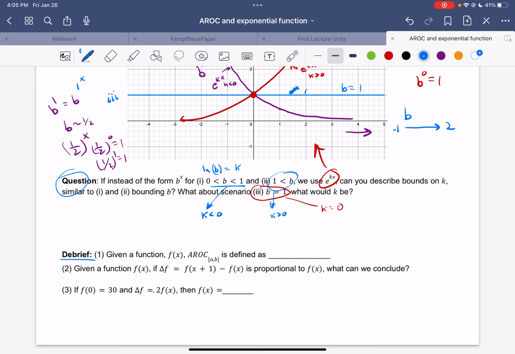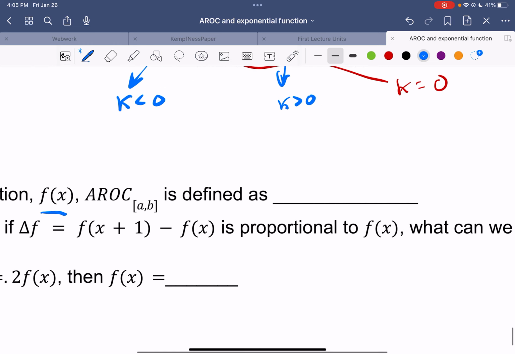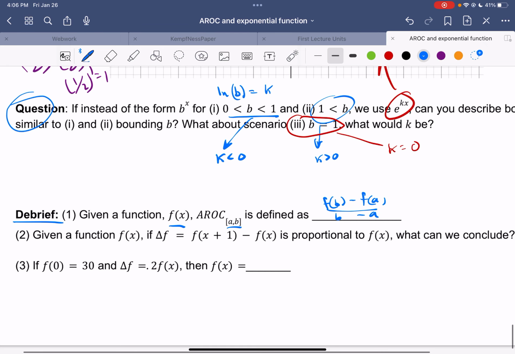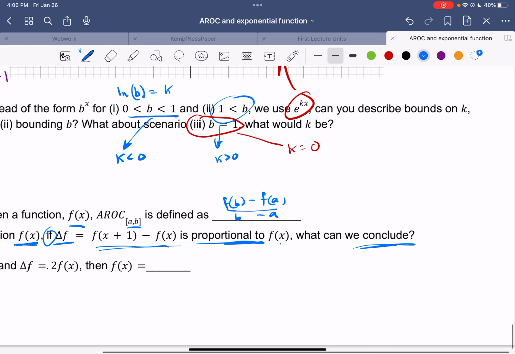Okay, so let's just run through everything that we've talked about here. The average rate of change for a function over an interval is defined as the slope between the two endpoints, b minus a. Given a function, its one-step change is this. If this one-step change is proportional to the function, what can we conclude?